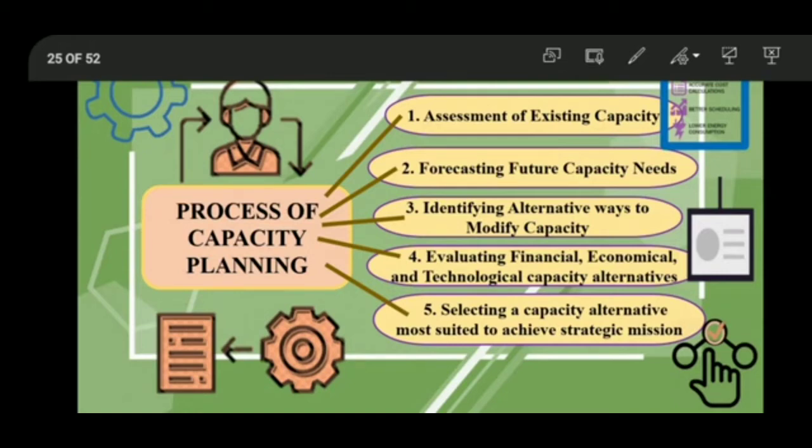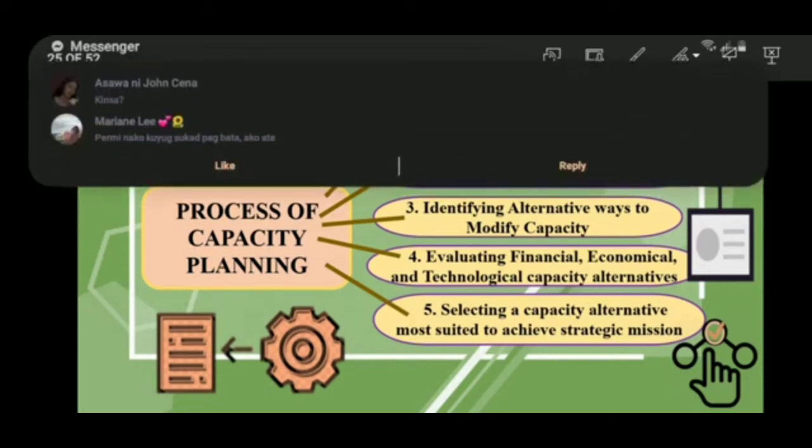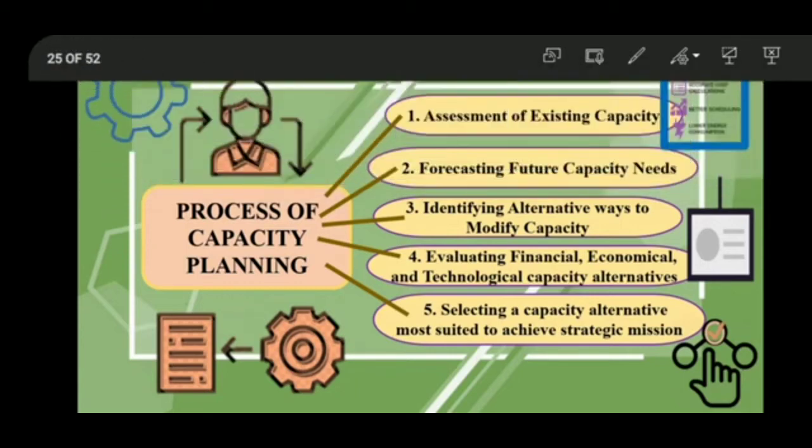And the third is identify alternative ways to modify capacity. In case where the existing capacity is inadequate to meet the forecast demand, expansion is required to meet the shortage. Additional shift may be employed to expand the capacity.